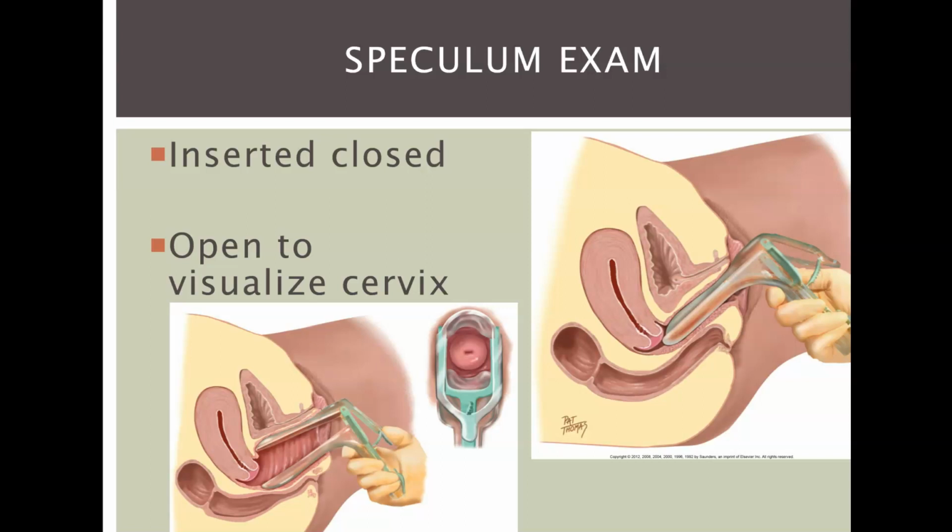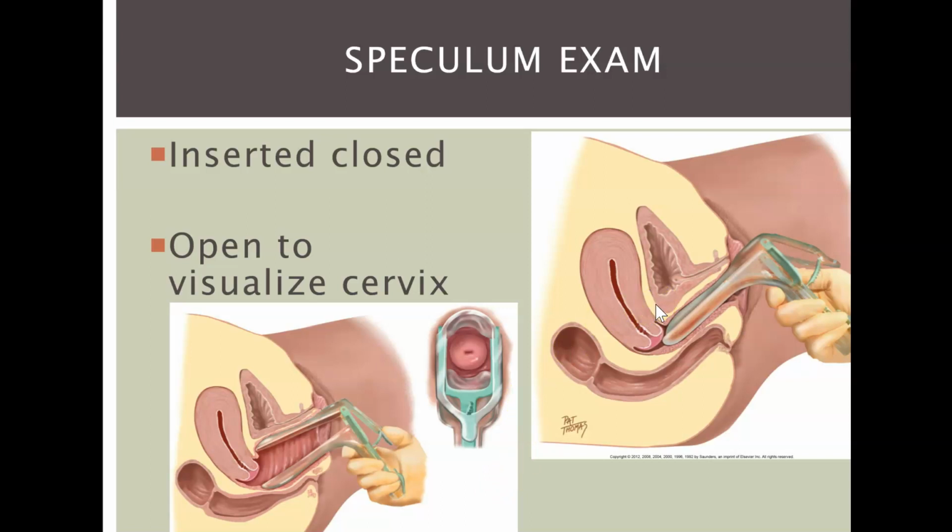Make sure they always have their bladder emptied before you do it. If they have somebody in the room with them before they get an exam, make sure they leave. A lot of times, if there's a male doctor or a female, they'll have a nurse or somebody in there with them when they do the exam. Make sure they have their legs on the stirrups.